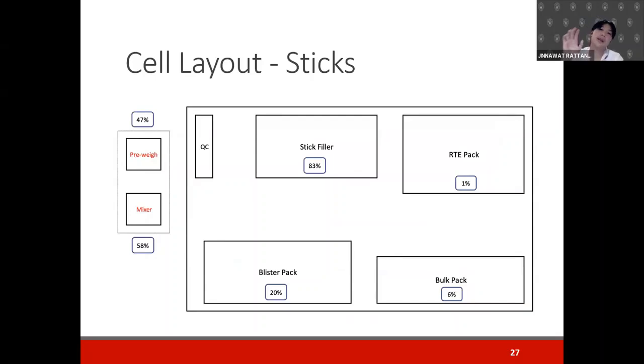The next one is the cell layout we made for the stick. We put the percentage which we get from the MPX model. You can see that the pre-weight is 47%, the mixer is 58, the stick filler is 83, blister pack is 20, RTE pack is 1, and bulk pack is 6%.